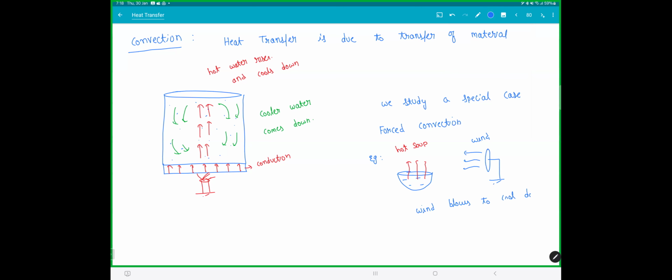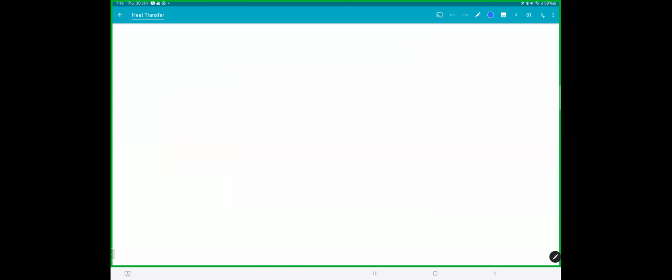There's only one formula we have, and the remaining thing looks more like maths than physics. But let's see what it is. In convection, the law is called Newton's law of cooling. Newton's law of cooling is valid for forced convection. Generally in the question, they'll mention Newton's law of cooling.